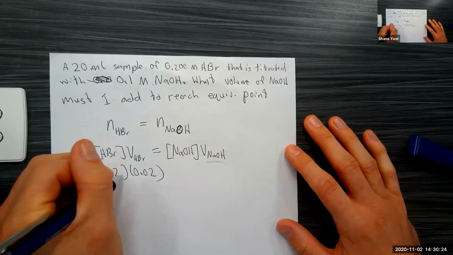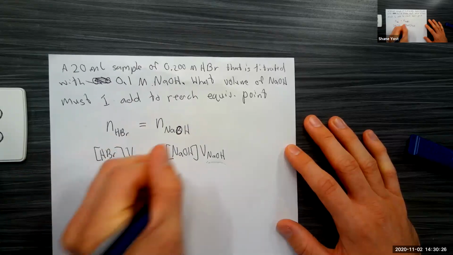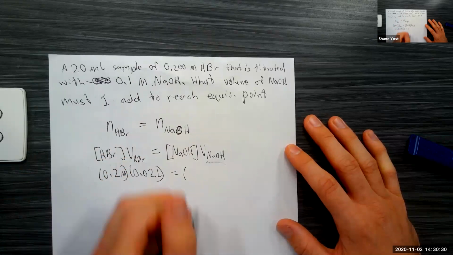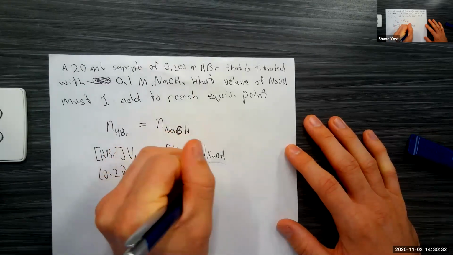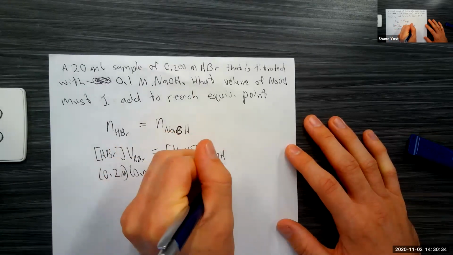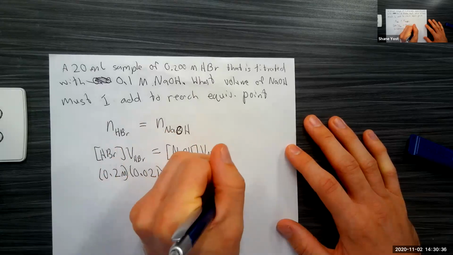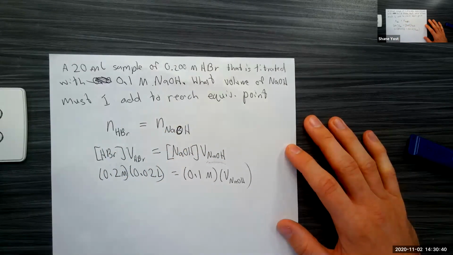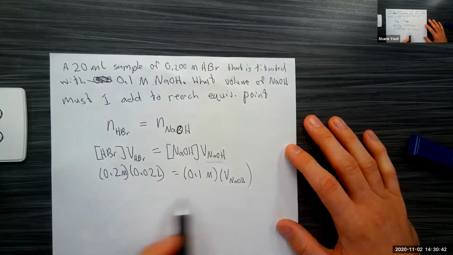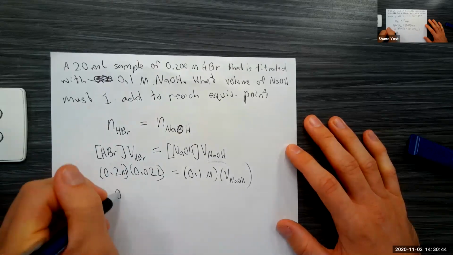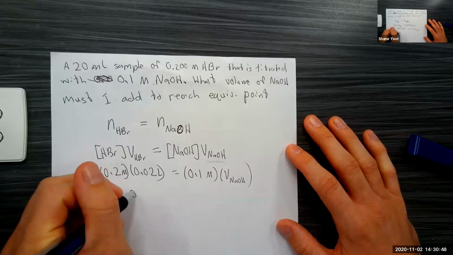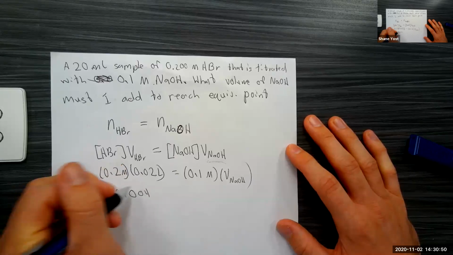That's molar times liters. Then that equals the concentration of NaOH, which is 0.1 molar, times the volume of NaOH that we're trying to solve for. And so you multiply this out and you get 0.004.